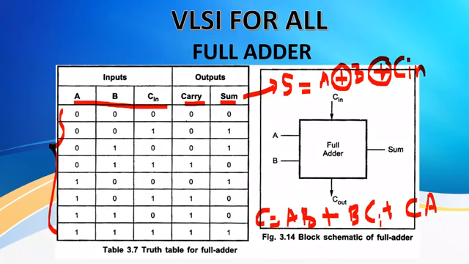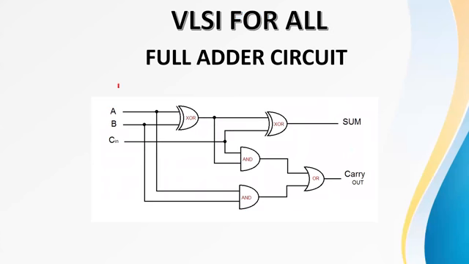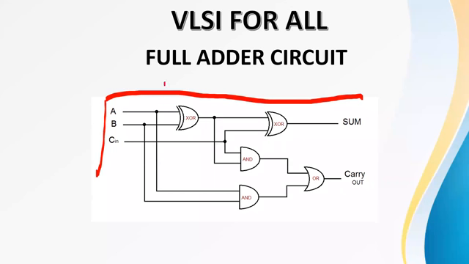This is actually C in, okay? C in is nothing but C. Since I'm using C here, to know the difference, I'm writing it as C in. So this is the formula. This is the basic circuit of the full adder. As I said, sum is A XOR B XOR C in.